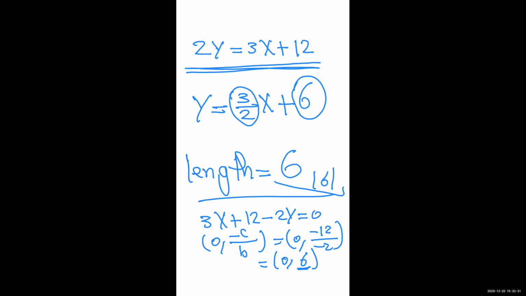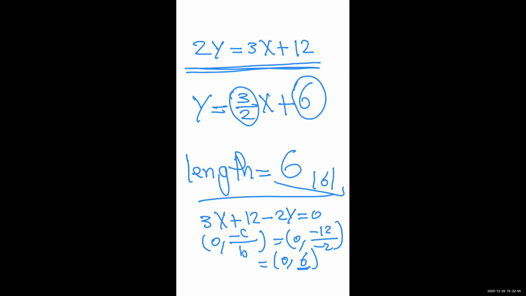Okay, great. So actually, guys, that was the first part: how to find the slope and the length of the intercepted part from the y-axis from the equation of the straight line. The second part is how to find the equation if the slope and the length of the intercepted part of y are given.